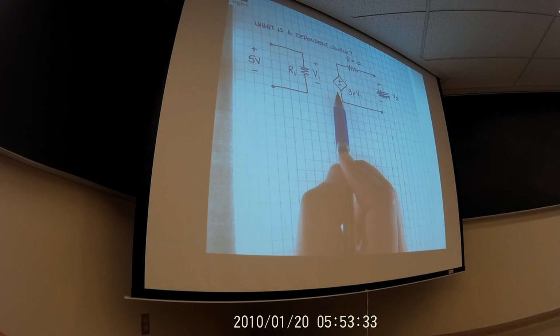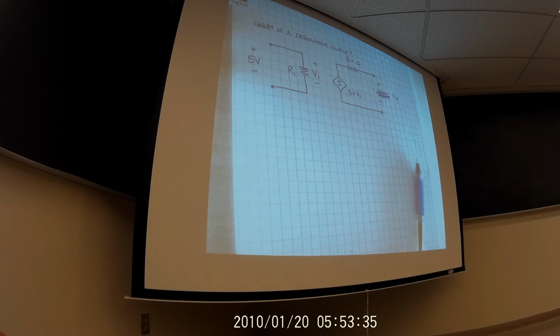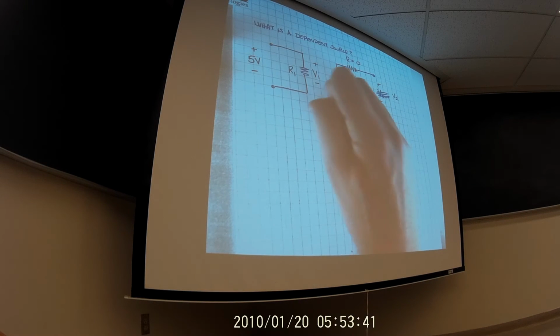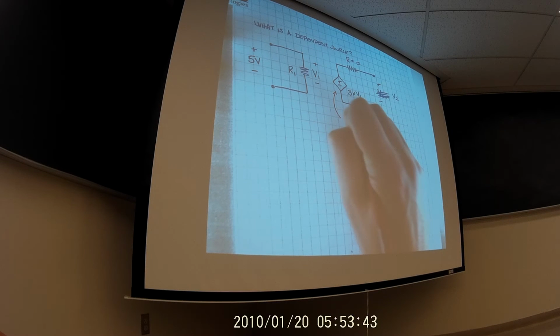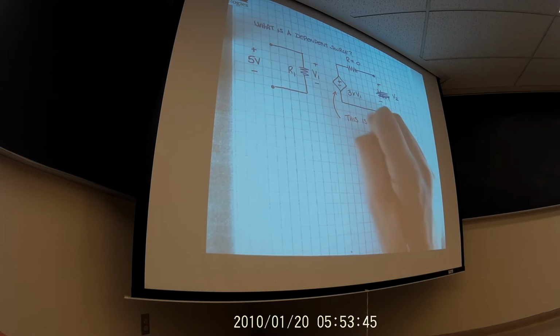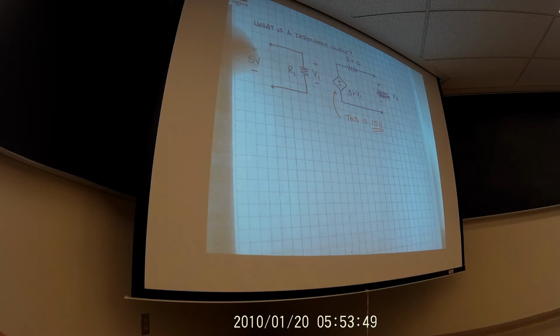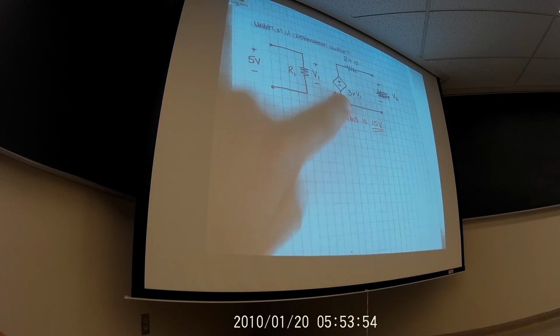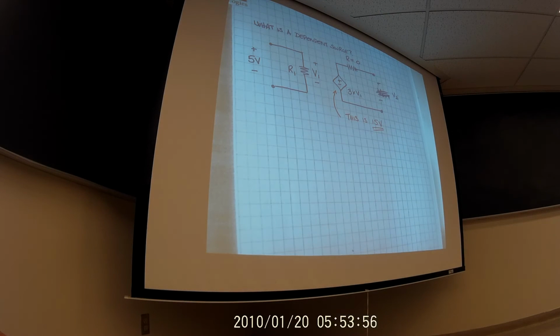So what is this voltage going to be in this example? Right, 15 volts. This is 5 volts, same thing as V1. This voltage is 3 times V1, and so we end up with 15 volts.